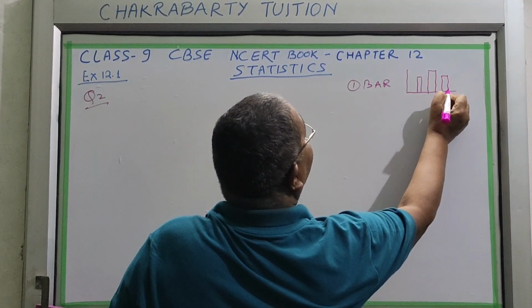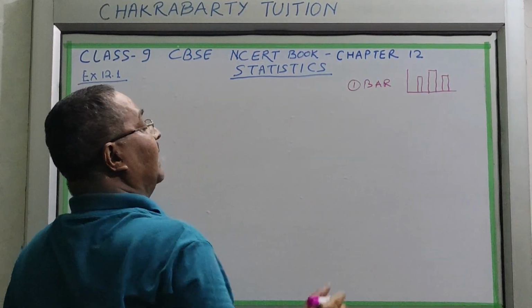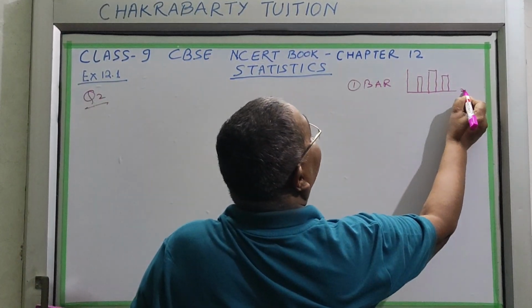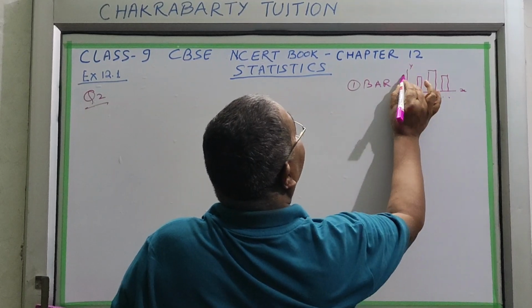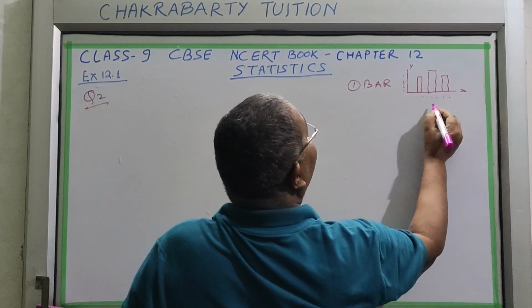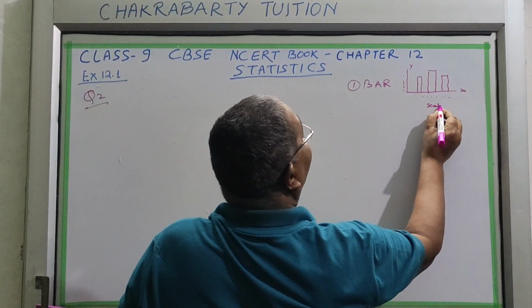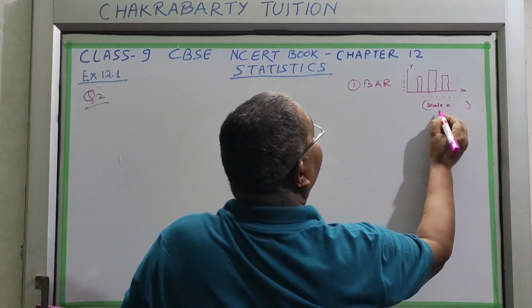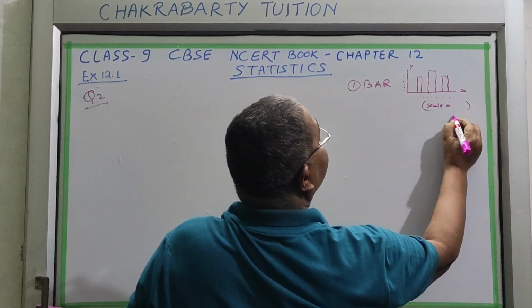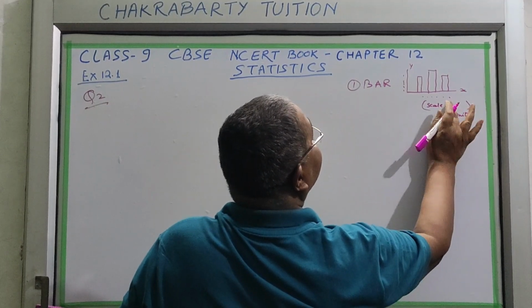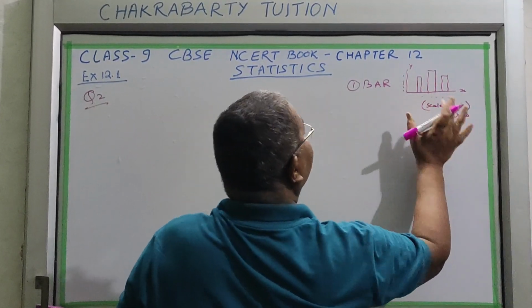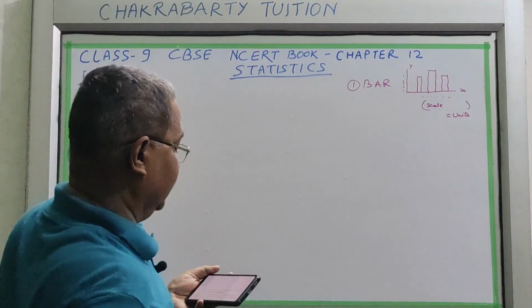But this thing you have to remember: this is your x-axis and y-axis, and you have to write what each is, and the scale also you have to write. This unit equals how much? You have to give the scale in every question. Keep this in mind.